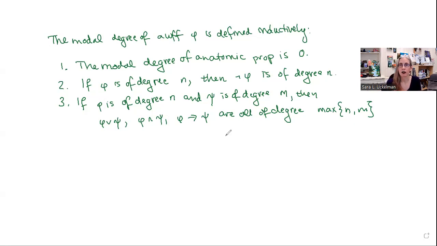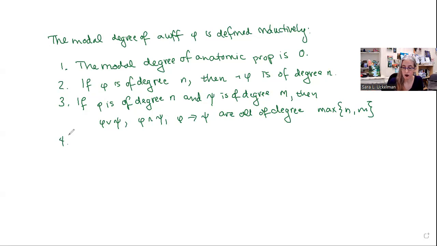So if phi is of degree 2 and psi is of degree 5, then phi or psi is of degree 5. Again, you haven't added any modal operators, so the number can't get any bigger than it already is, in a sense.